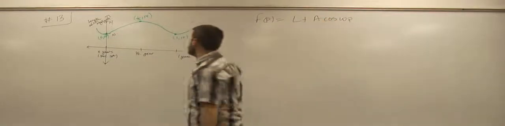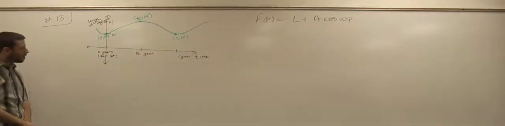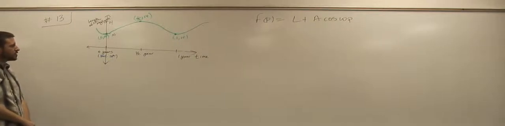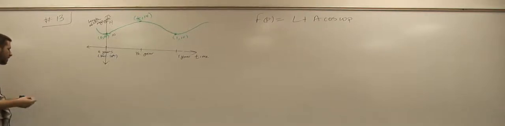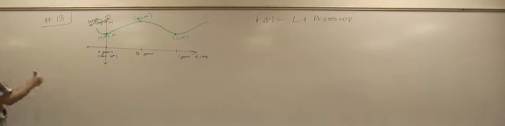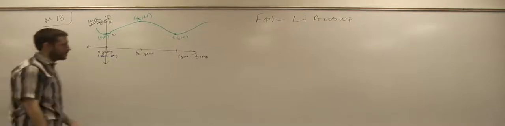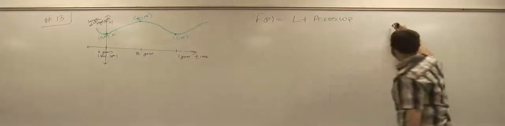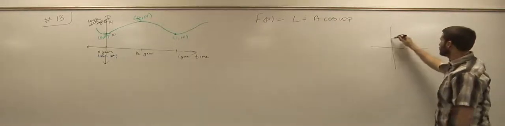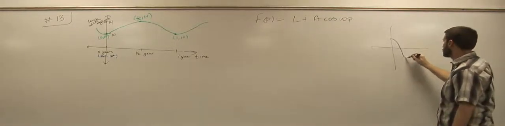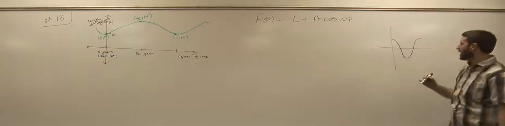So the first thing I would try to figure out is how far up has my function been shifted? If you compare this to a regular cosine function, it starts up at a max, goes down to a min, and comes back up to a max.